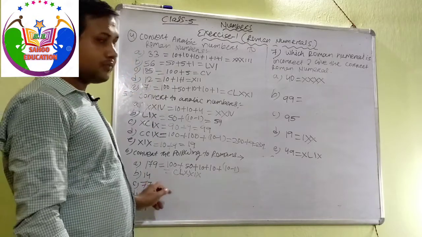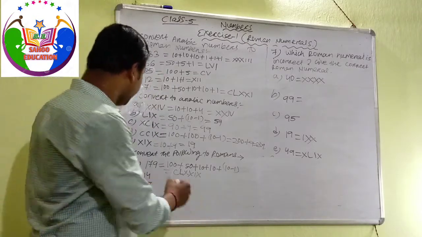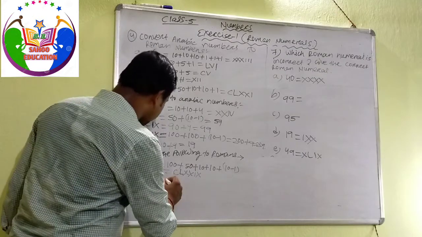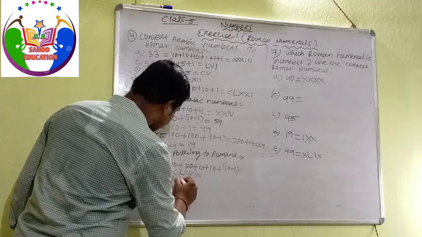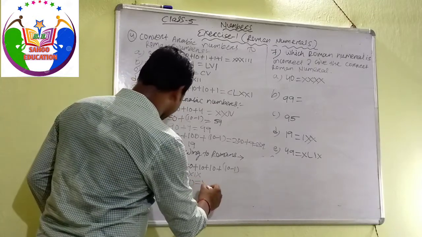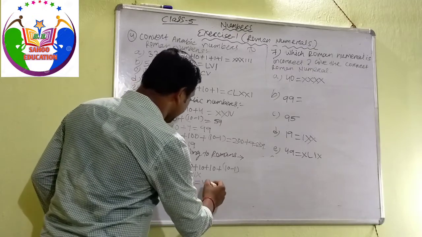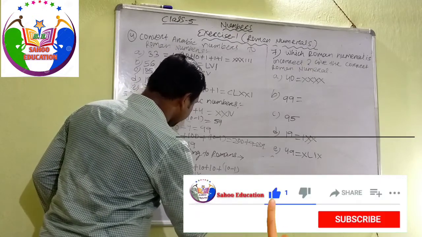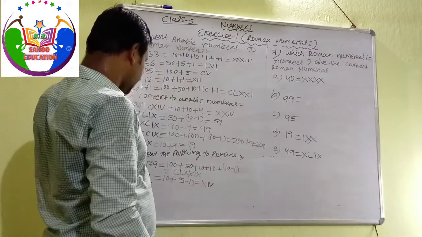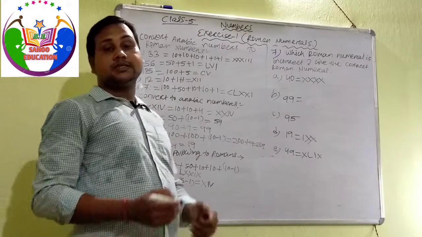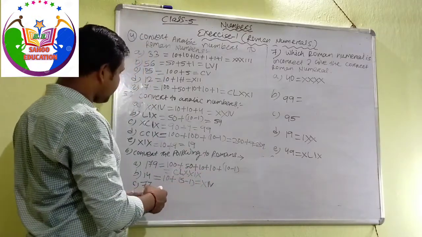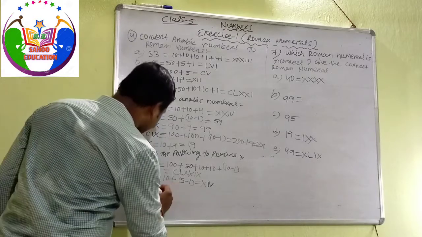Okay. Now come to bit B. Given 14. That is 10 plus 5 minus 1. Ten is X and 5 minus 1 is IV. XIV for 14. Now next C number is 77. We have to convert it into a Roman numeral.